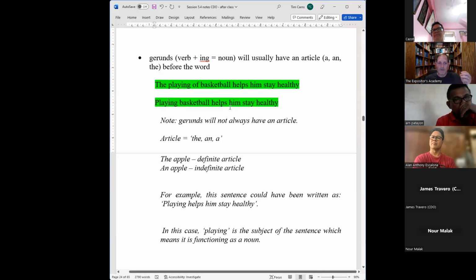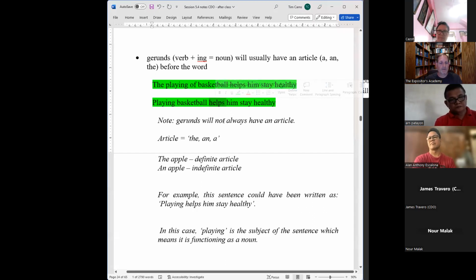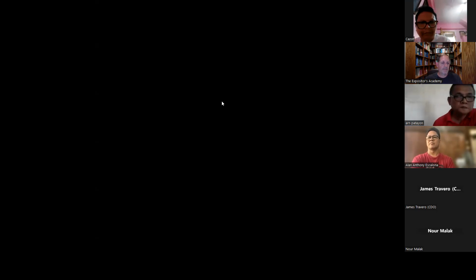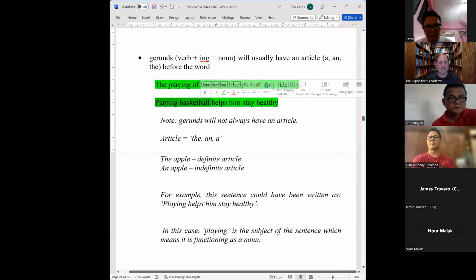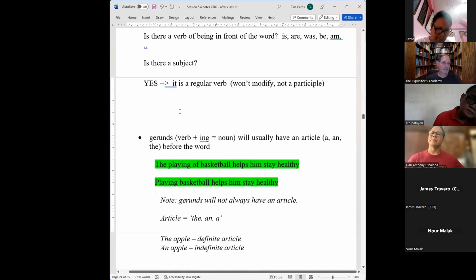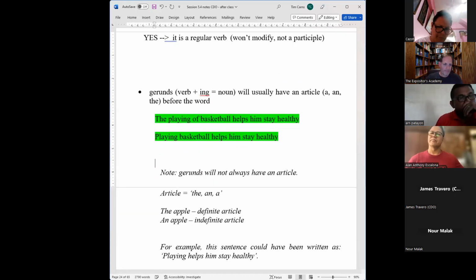So, like I told you before, you have to stop and say, okay, what is the word doing in this sentence? Okay, I see the verb. That's good. Him is the object. Helps him. Playing basketball is the subject of the sentence. So I know the subject is always a noun or a noun phrase.